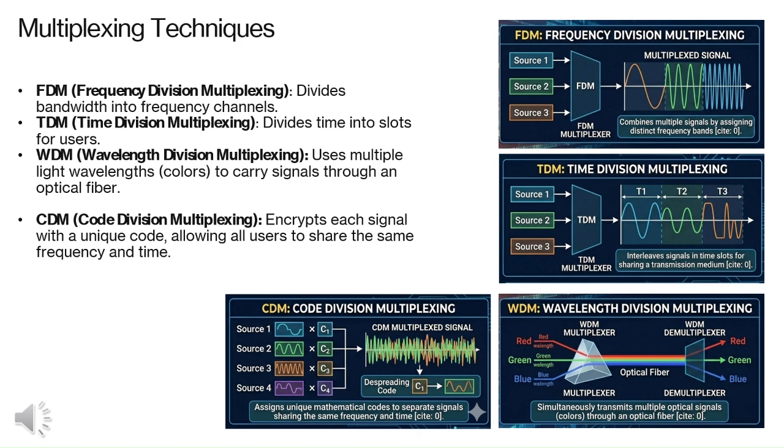FDM divides frequency, like different radio stations. TDM divides time, so each user gets a turn. WDM is for optical fibers using light wavelengths, and CDM separates signals with unique codes. These are essential in telephony, internet, cable TV, and wireless networks to handle high data volume without interference.